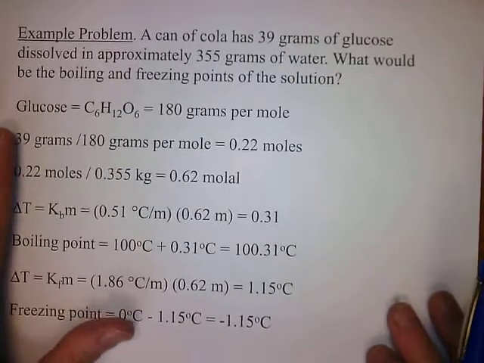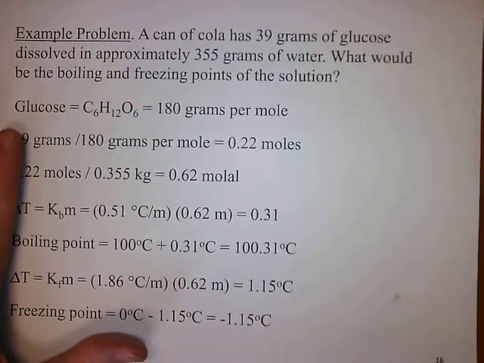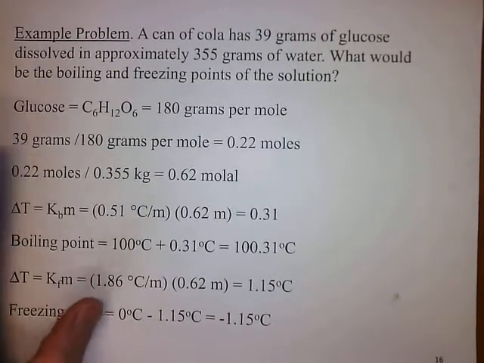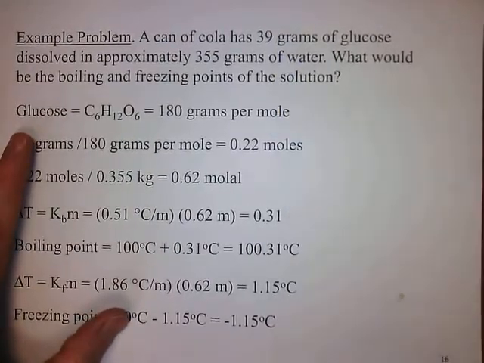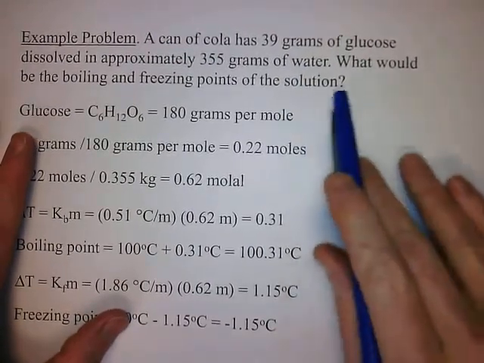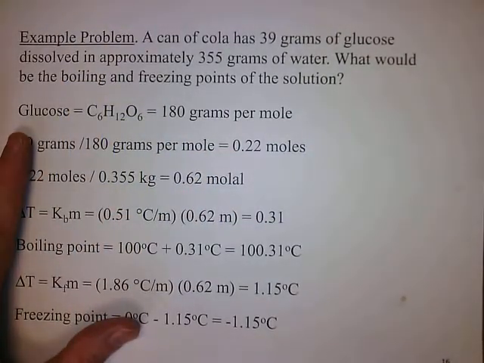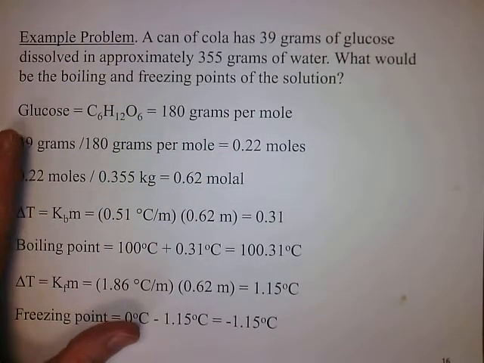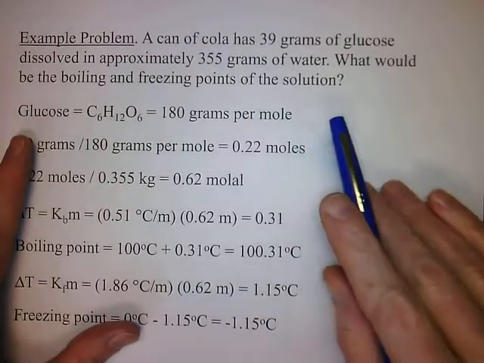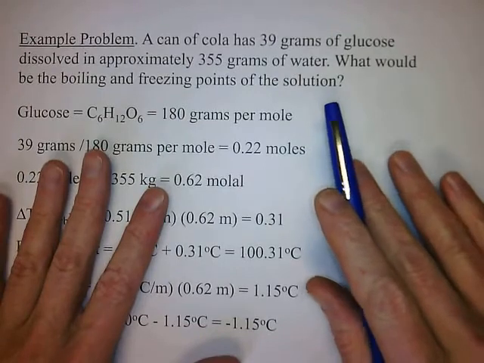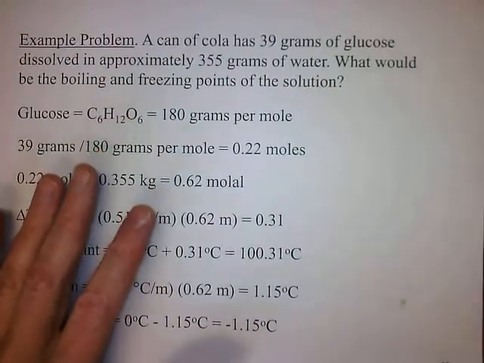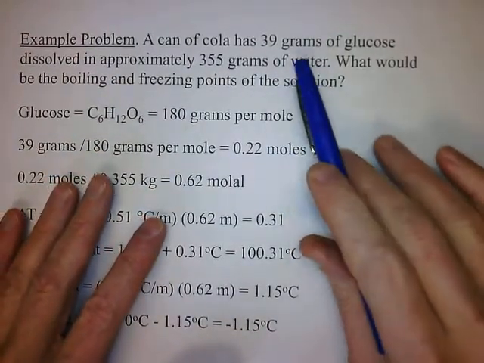Let's work an example. Let's say you read a can of cola and it says that it has 39 grams of sugar present. Let's assume that's glucose, dissolved in 355 grams of water. What would be the boiling and freezing points of the solution? So what we've got to do here is calculate the molality of the solution.